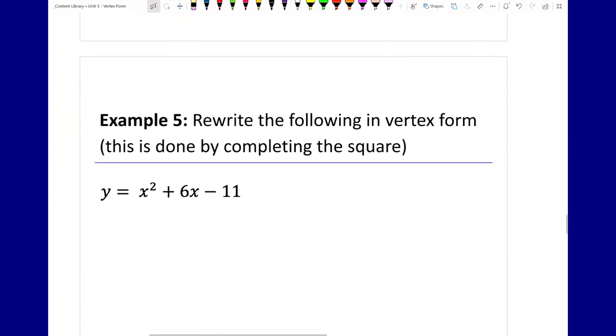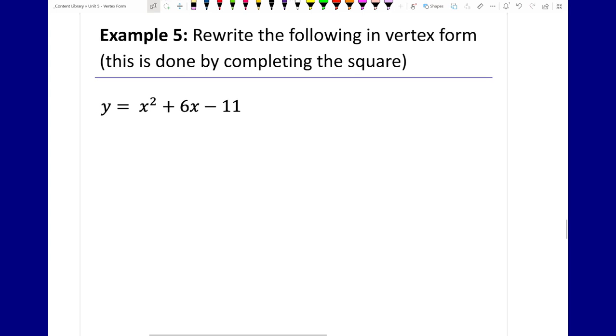Let's do the same thing with the next one. We're going to go through the same steps, right? We're going to complete the square. So the first step said, let's put brackets around the first two terms. The next step said, I need to find a value that makes the bracket a perfect square, or what I'm calling our magic number.